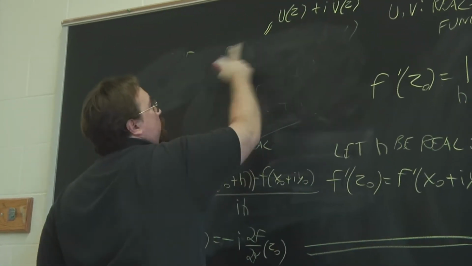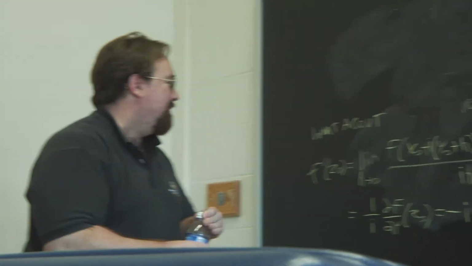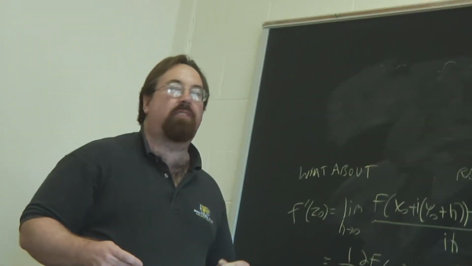Well, for that, we're going to break f up into u and v. So how is it that 1 over i is equal to negative i? Yes, it is kind of weird. You do the conjugate? You multiply by square root of negative 1? Well, it works like this.